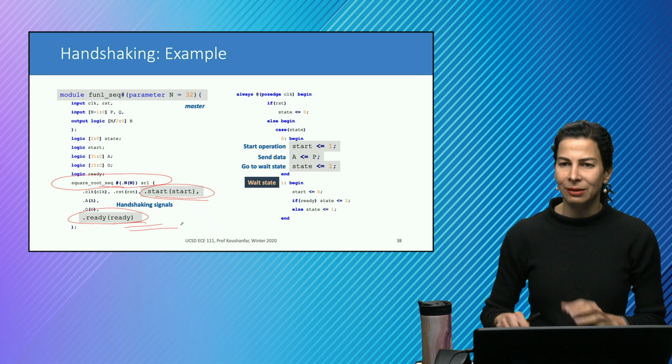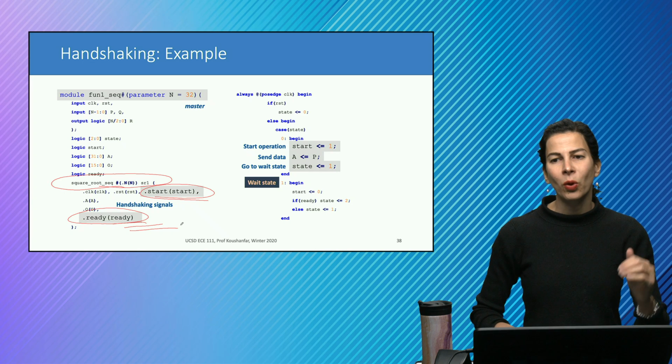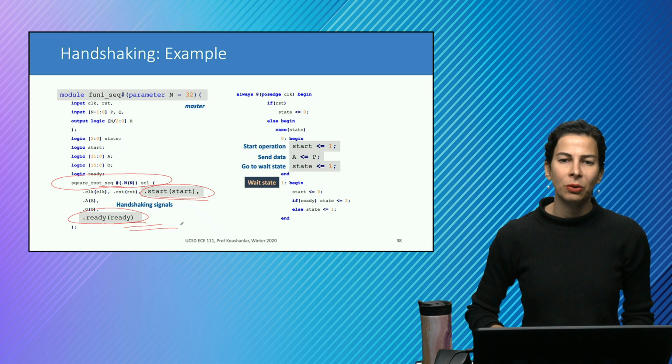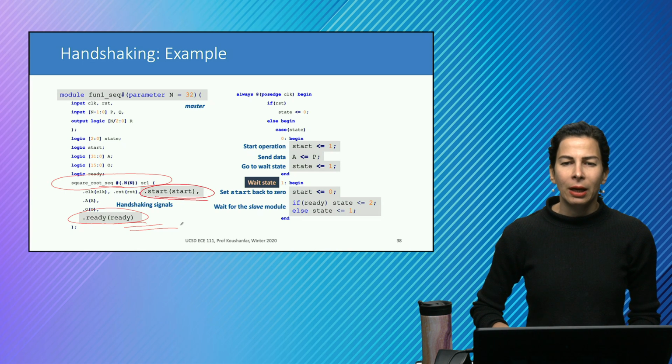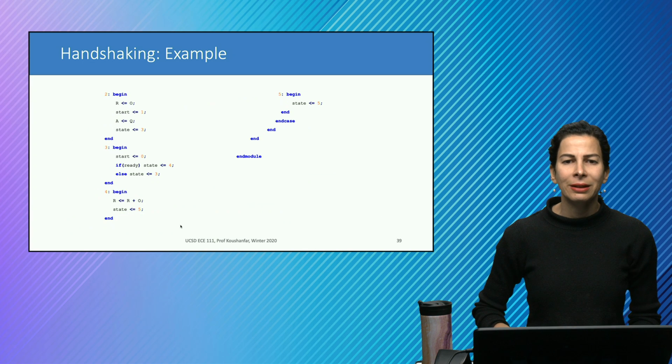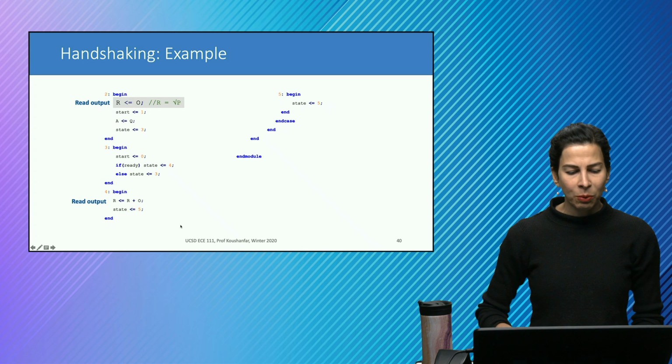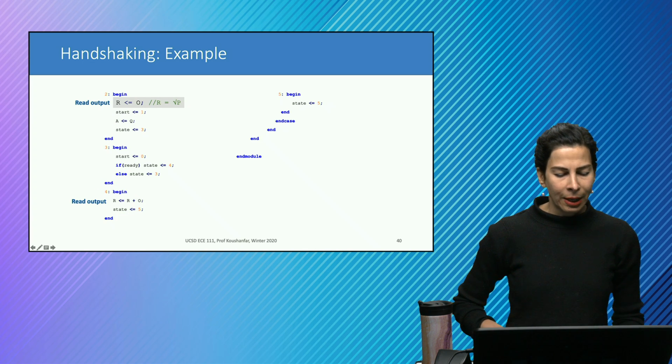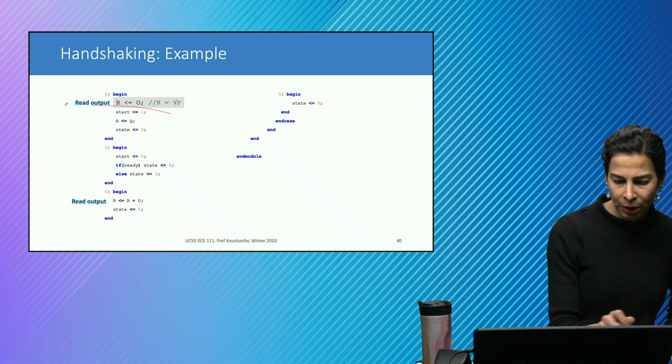So it's connecting the slave to that ready signal. And once this ready signal is asserted, we know that the value of the output is ready, and at that point we are going to read the output as it is shown here.